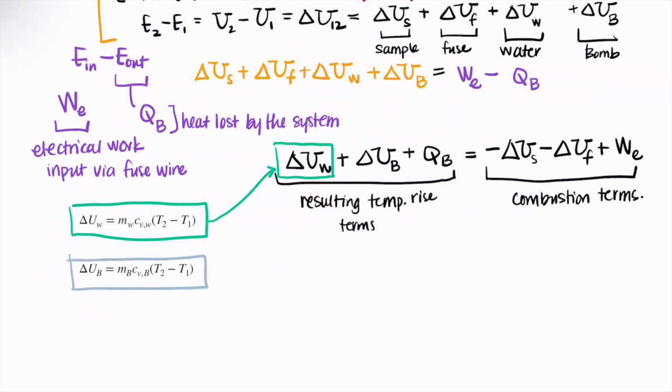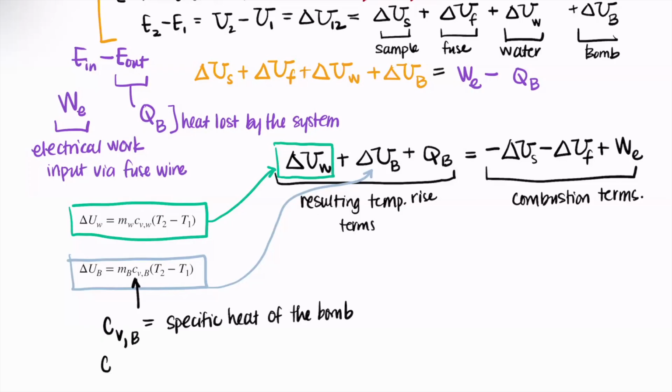Essentially, this change in internal energy is related to the mass of that thing times the specific heat of the substance. So CVB is the specific heat of the bomb, and then CVW is the specific heat of water.